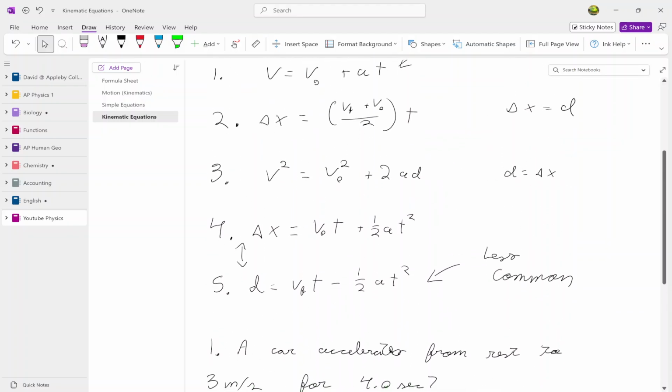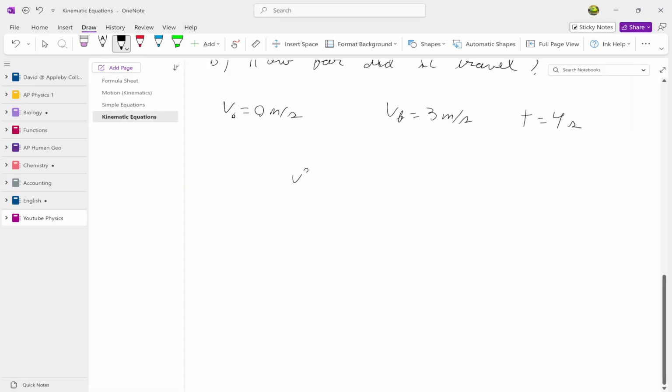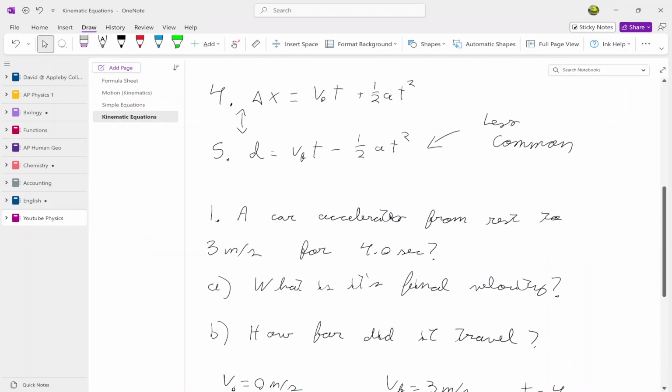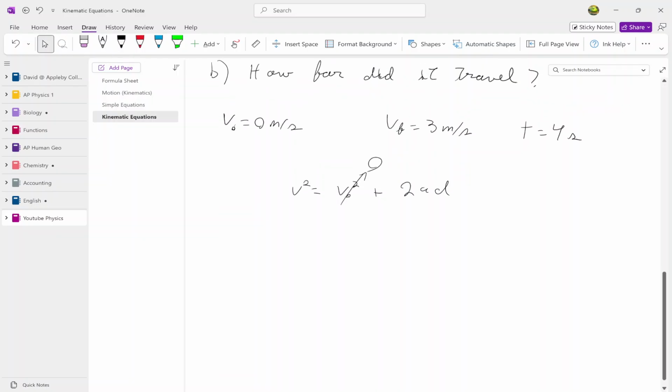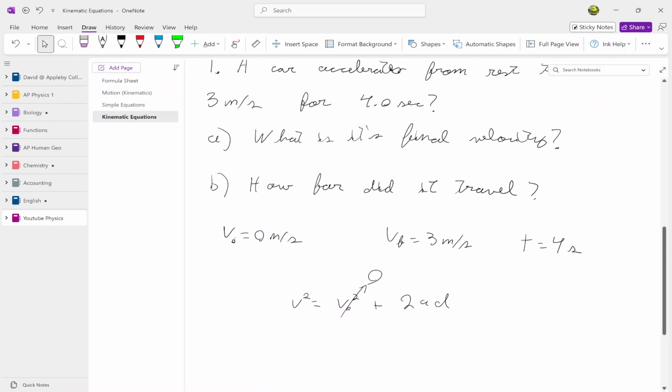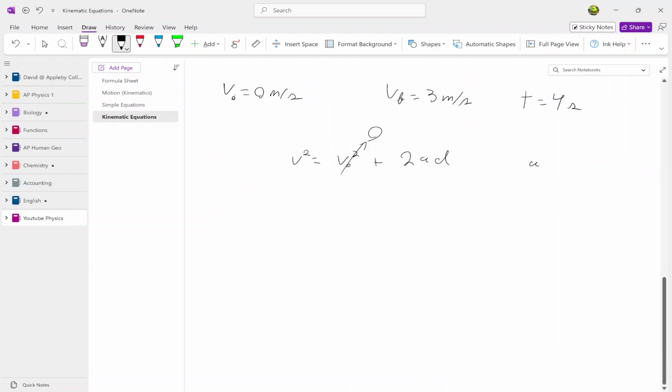So we can use equation number 3. v0 squared plus 2ad. Okay. So we can turn this into 0 because 0 squared equals 0. And then you can find acceleration by doing, because look, we have v final squared equals 2ad.